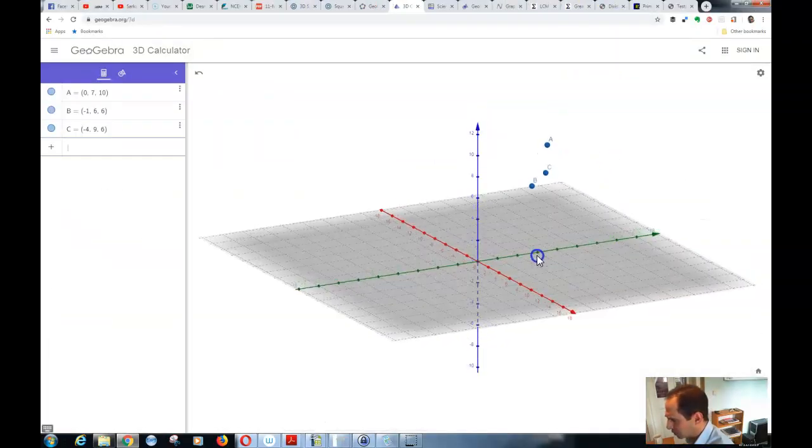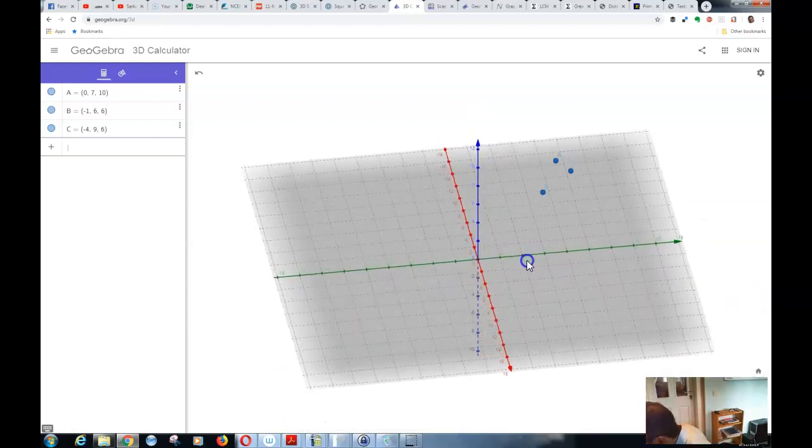Now these are the points that I have, and you need to pay attention to this.